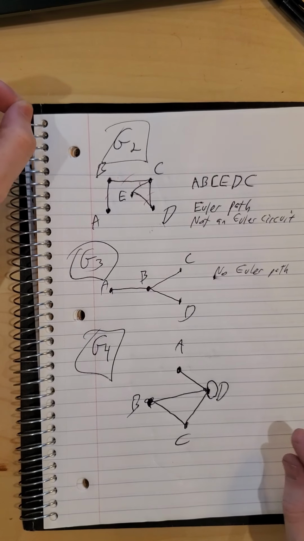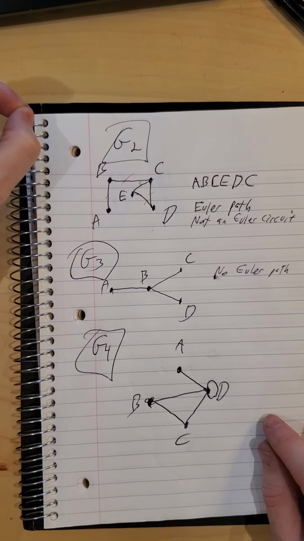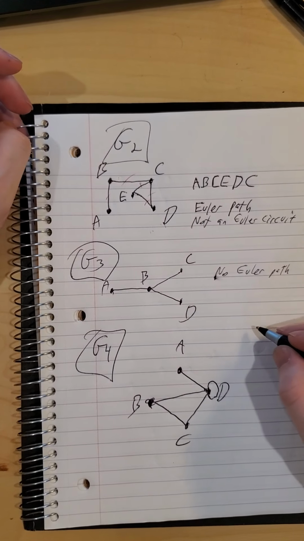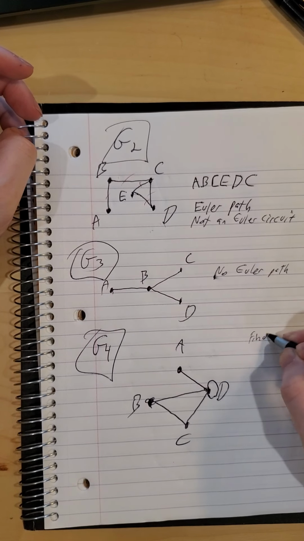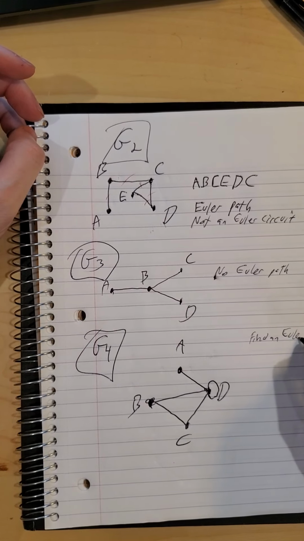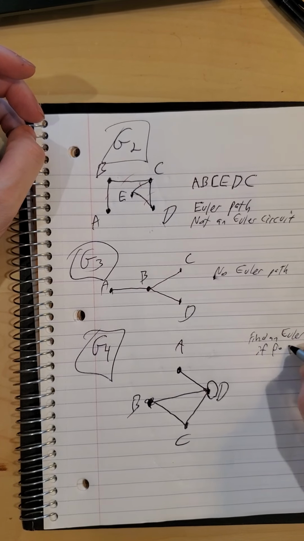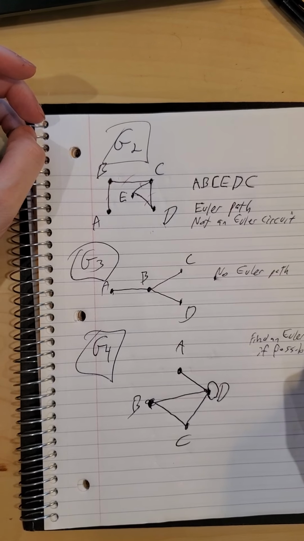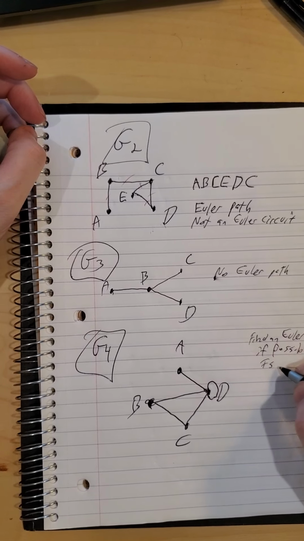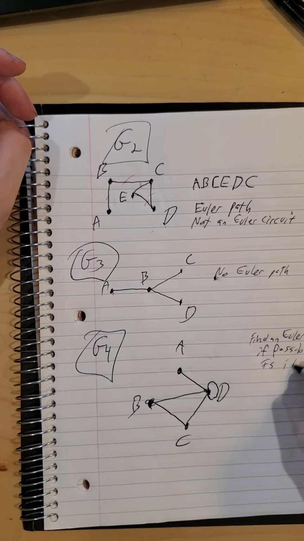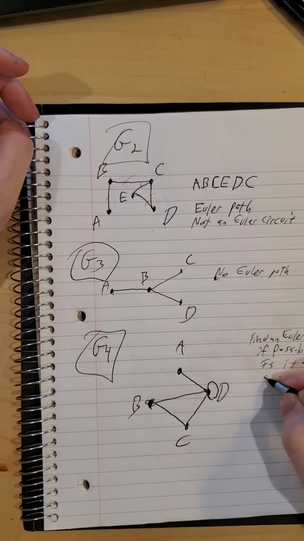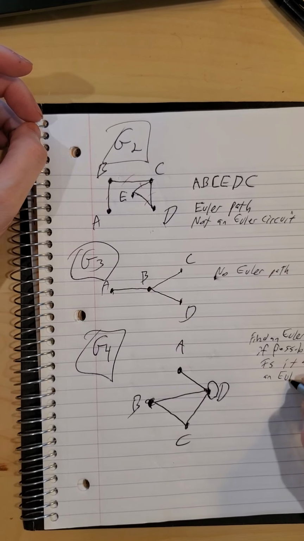So on this one, I'm going to ask you to pause it, see if you can find an Euler path. And answer the question, is it also an Euler circuit?